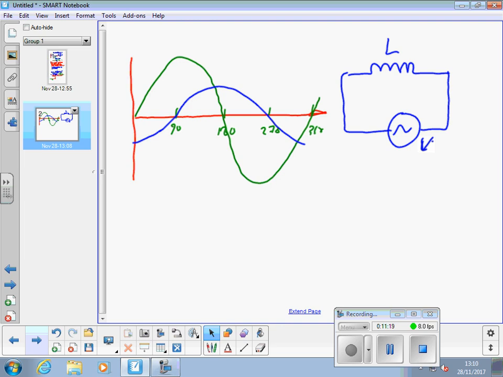We have a phasor diagram where we can choose whether we put voltage or current as what's termed the reference phasor. We could decide we want to make the current start at 0 degrees and then have the voltage leading it.